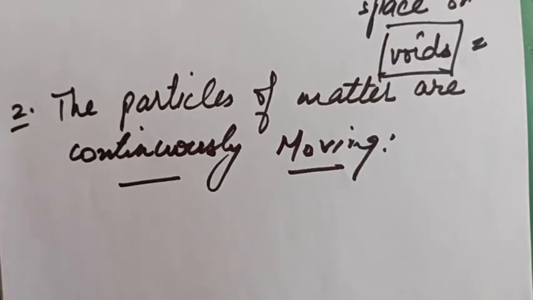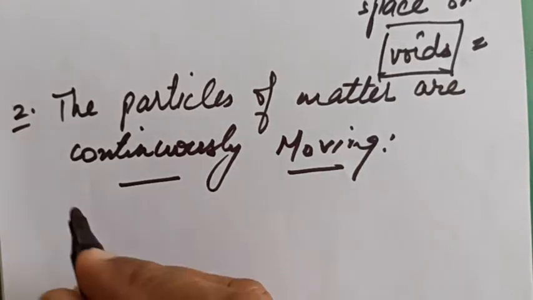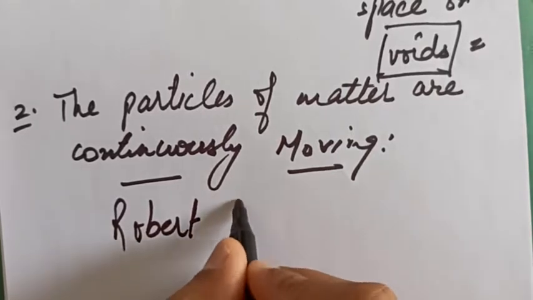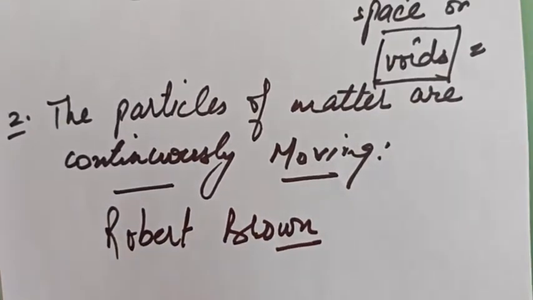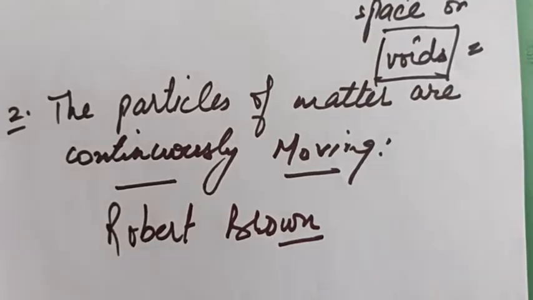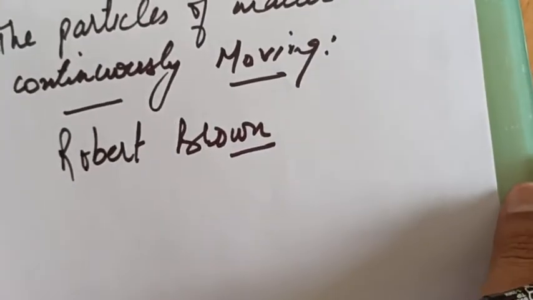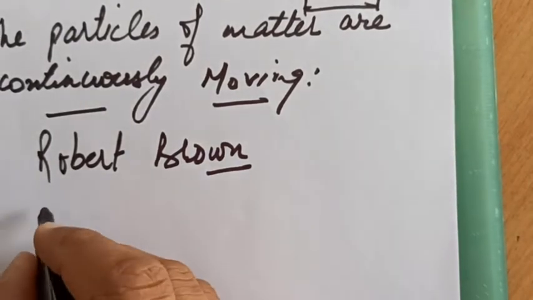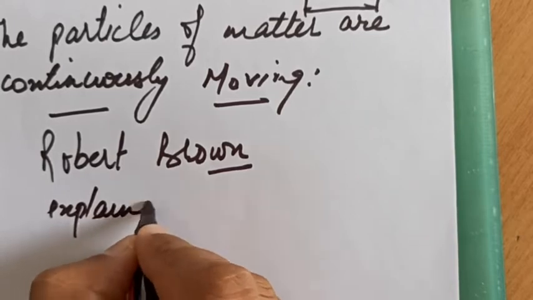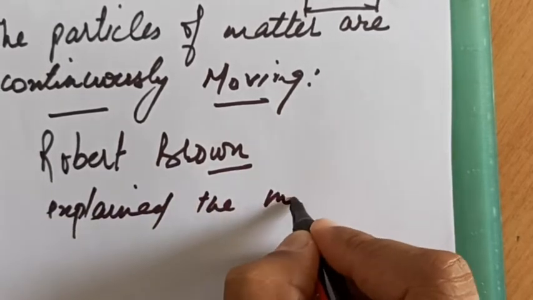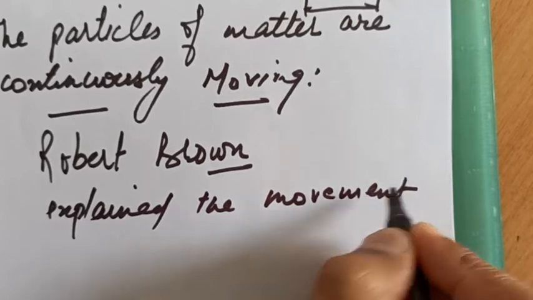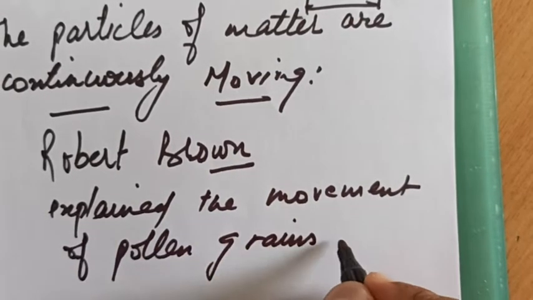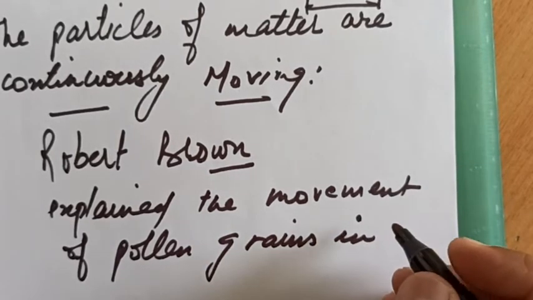First one is, as we know, there is a scientist known as Robert Brown. Robert Brown performed an experiment in his lab. In this experiment he explained the movement of pollen grains in water.